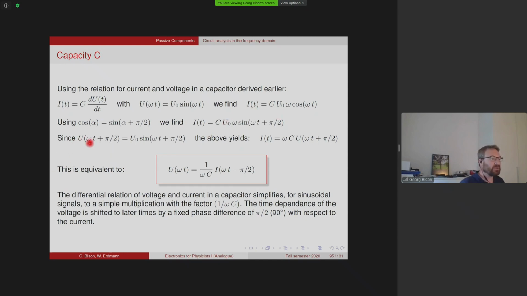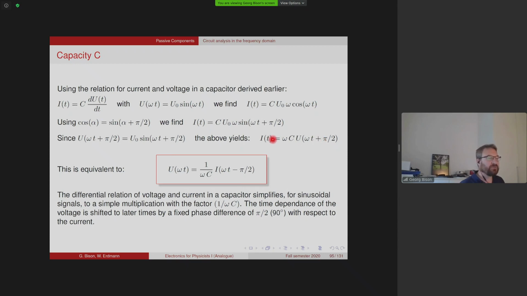And then we can use our shorthand to capture this phase shift. And then we get this dependence here, that the time dependence of the current is our voltage signal with a different phase shift, with a constant phase component.